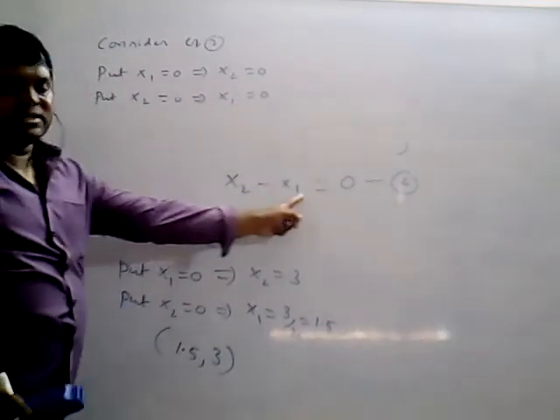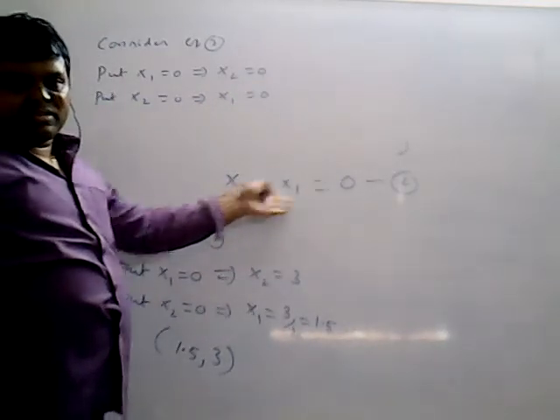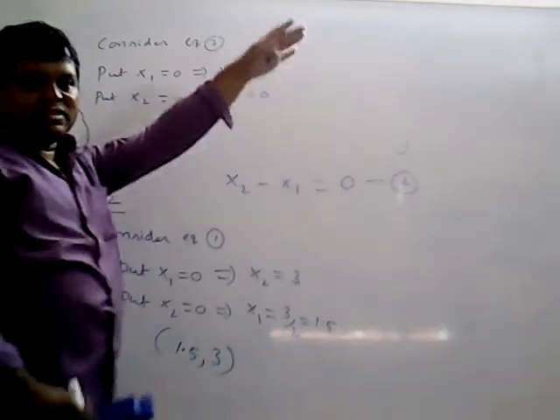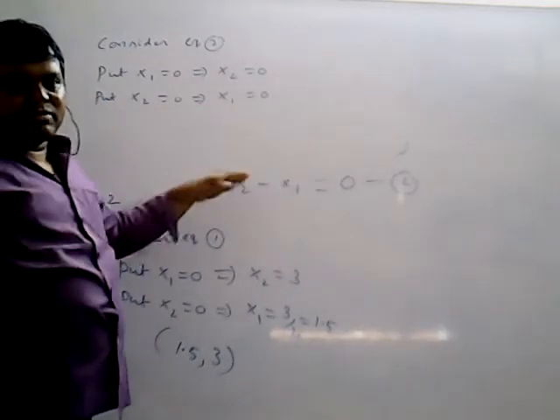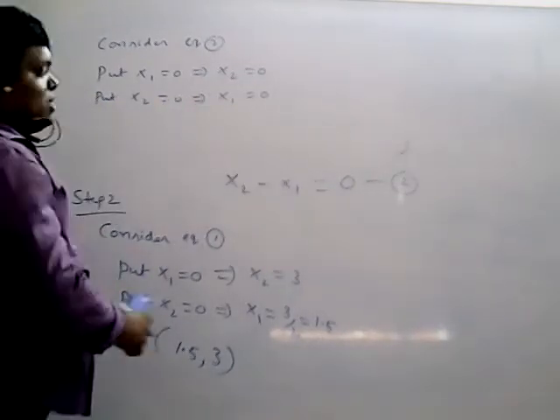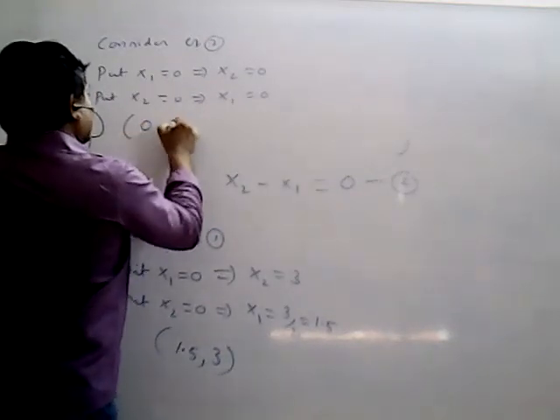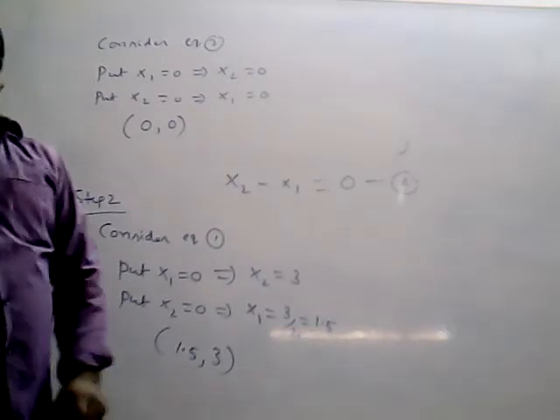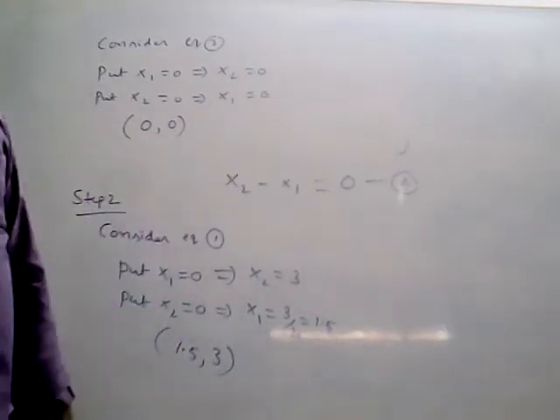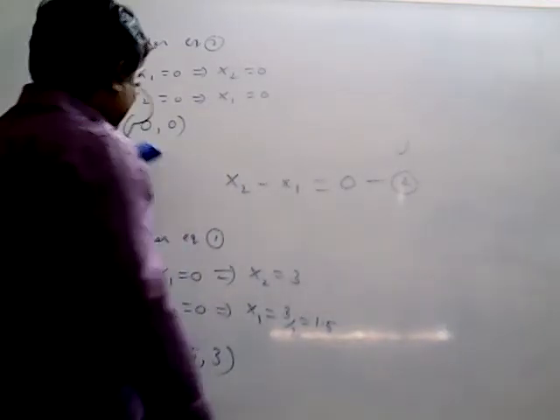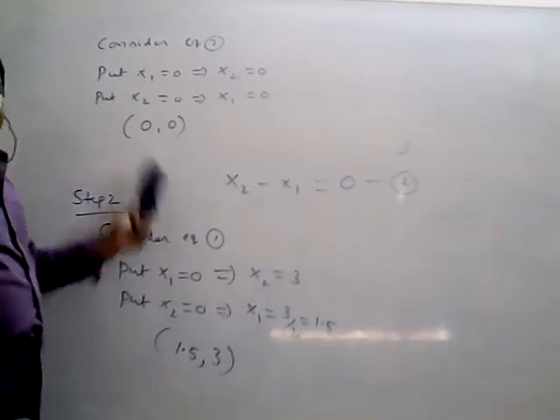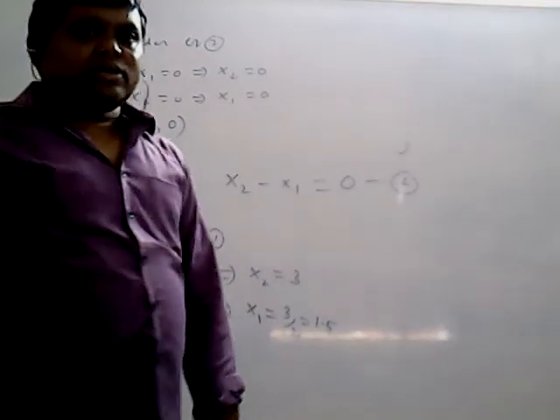Simply x1 equal to x2, which divides the origin into two equal parts. So the point you get is (0, 0). Now I know the points, (1.5, 0), (0, 3) and (0, 0). Now I can draw the graph.